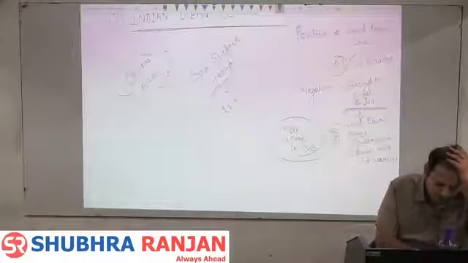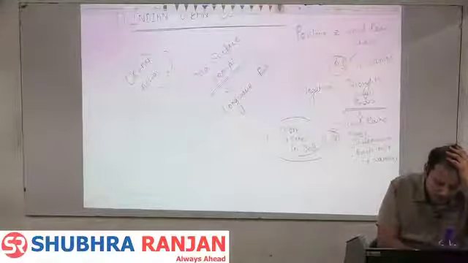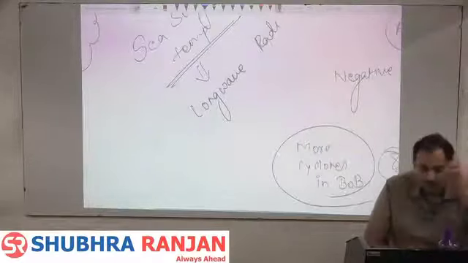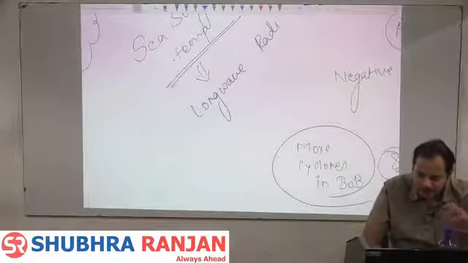Long wave radiations that are given by the oceans will be different because of salinity, because of different colors. There are too many parameters.